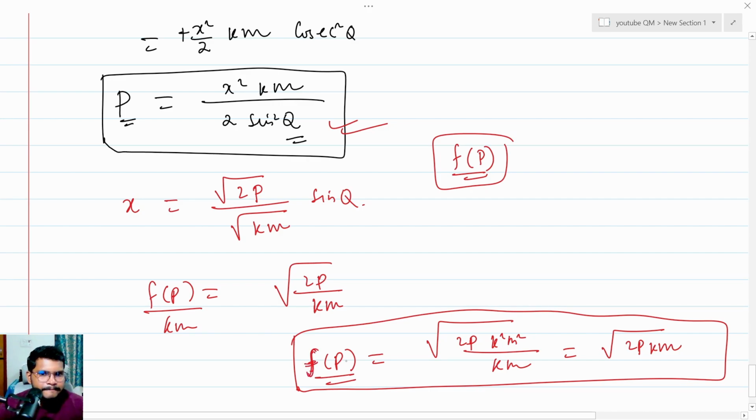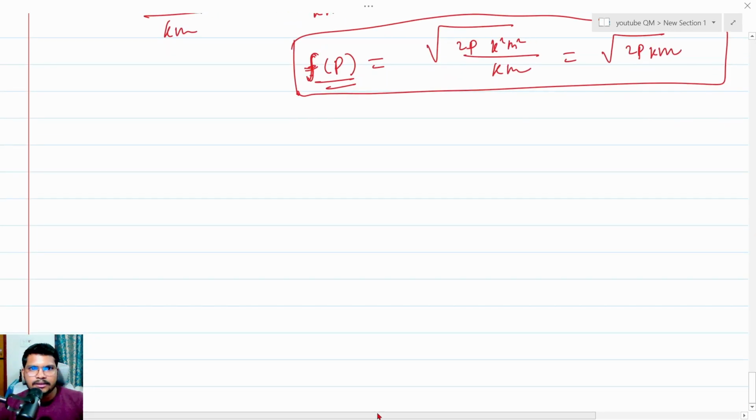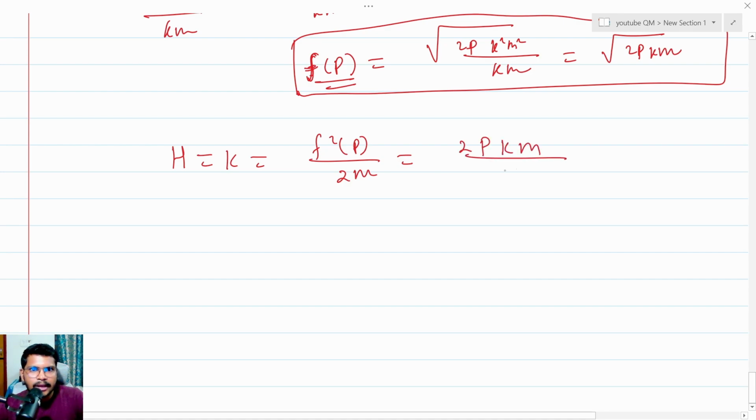So from here, using this simple formula, I have got the structure of this f of P. That is very fascinating, and with this I will get the relationship of h. The new h or k is what? F square of P by 2m, and f square is basically 2P km by 2m, which is only Pk, right?